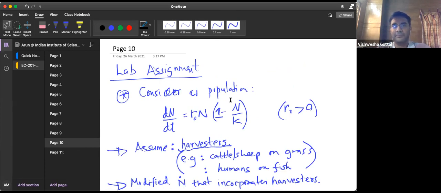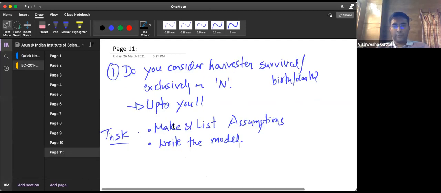Is that fine, people? Any questions? So write down the points. So this is your question. Write both assumptions and the model, and then all assumptions are entirely up to you. I'm not forcing you one way or the other.